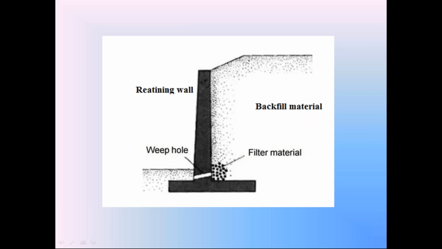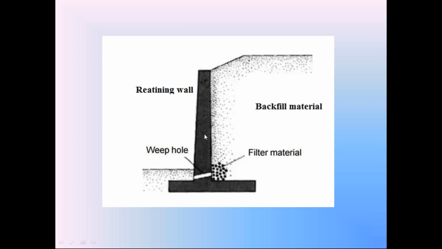Since this retaining wall is subjected to large pressure from the back side compared to the front side, in one or two cases, this retaining wall has a little bit of movement in the forward direction because of the large horizontal earth pressure on the back side.